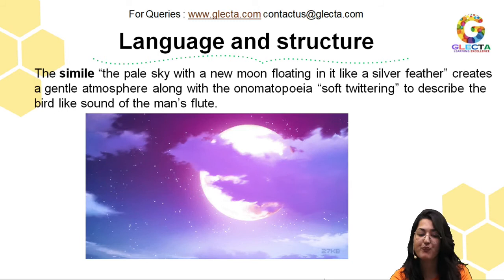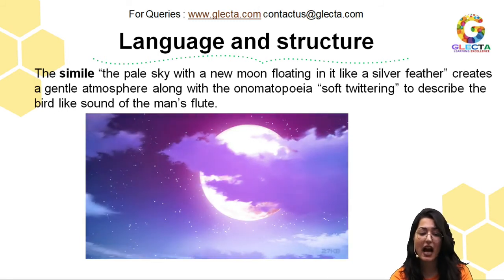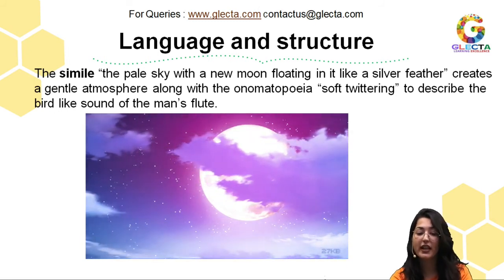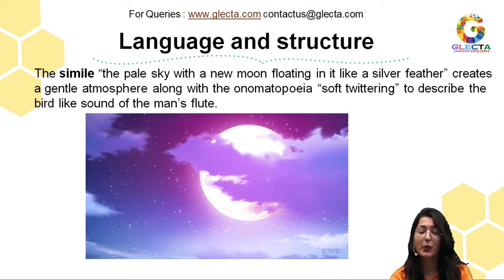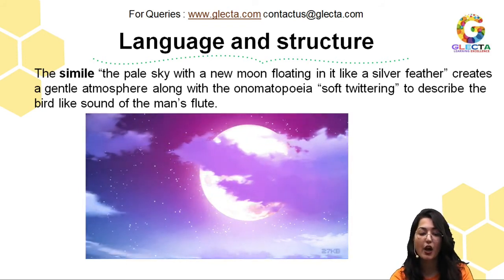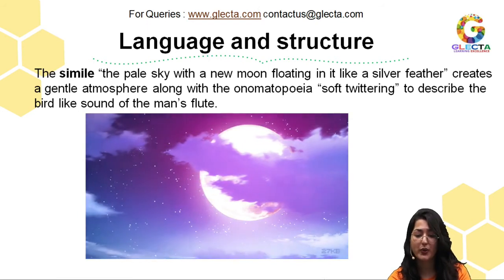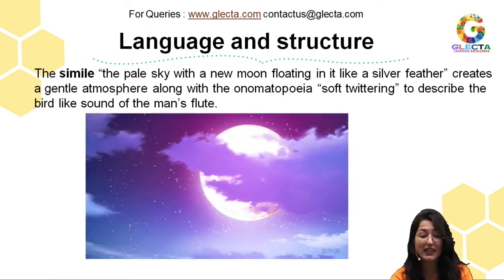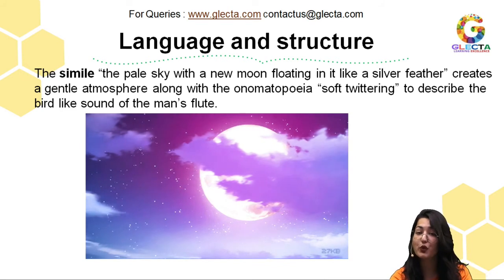The simile. The pale sky with the new moon floating in it like a silver feather creates a gentle atmosphere, along with the onomatopoeia, soft twittering, to describe the bird-like sound of the man's flute.